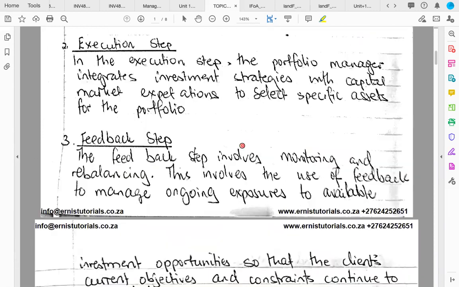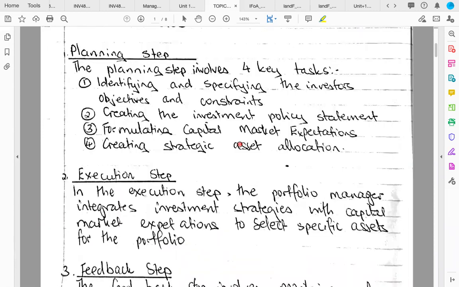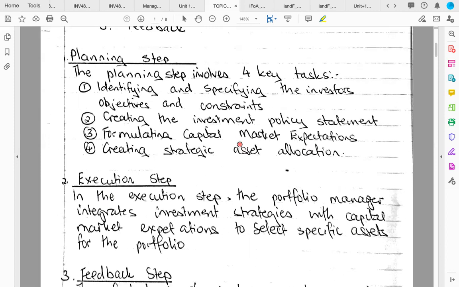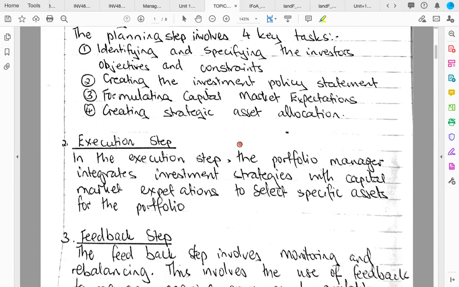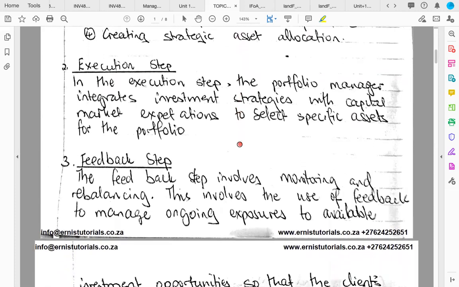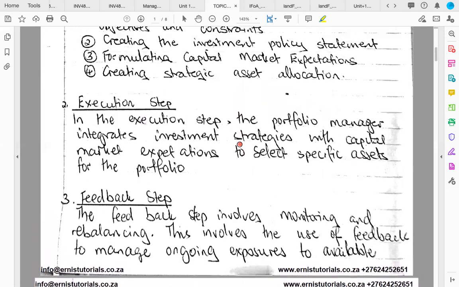So it's important to note that even though you are an investor or an institution is an investor, there will usually be a portfolio manager who will assist you with managing the portfolio. Okay, so it's not something that's done by one party. You might do it yourself if it's your amount of money, or you might find that other financial institutions like pension funds might decide to manage their funds themselves, but there are investment management companies who specialize in investing money on behalf of individuals, right?